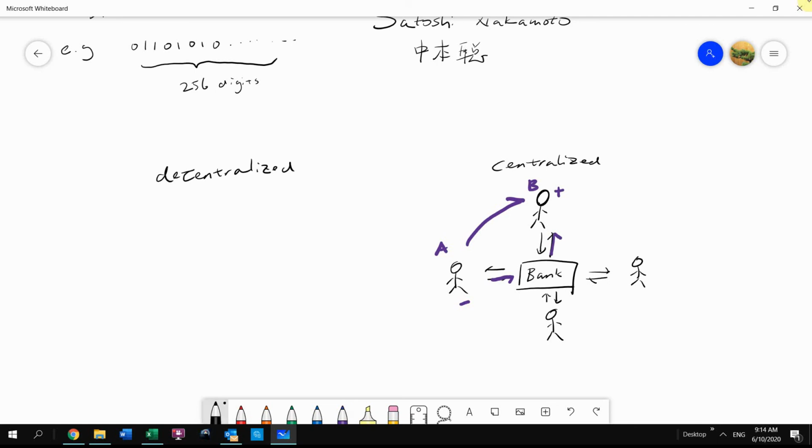And in a decentralized system, there's no bank playing the center as a hub. So if people trade with each other, they just go through bilateral relationships. A trades with B, B trades with C, C trades with D, and so on and so forth. So you can see there are a lot of bilateral relationships between the individuals.